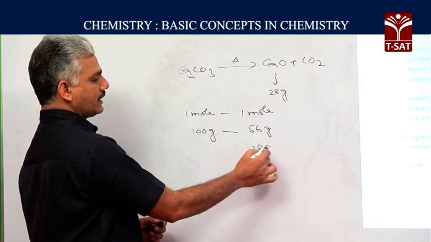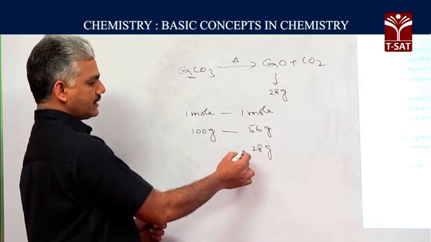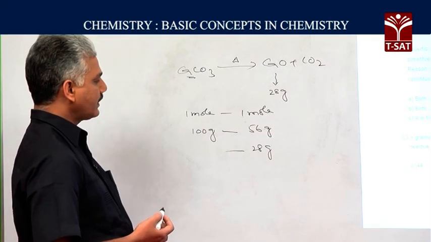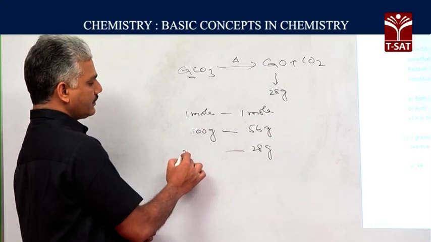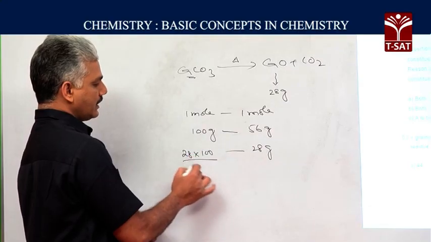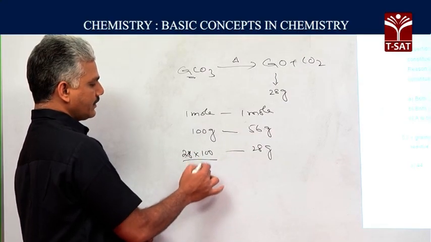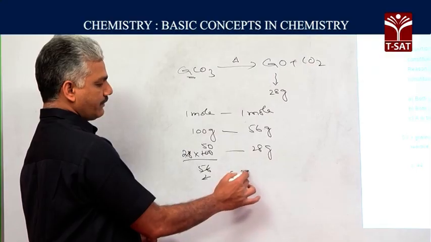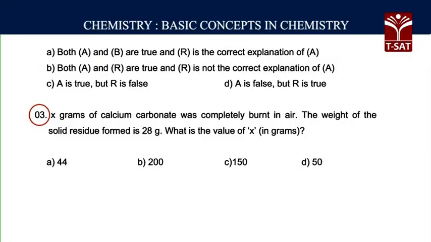As you are getting 28 grams of calcium oxide, the corresponding weight of calcium carbonate will be 28 into 100 by 56. So, that comes out to 50 grams. The correct answer should be taken as D.